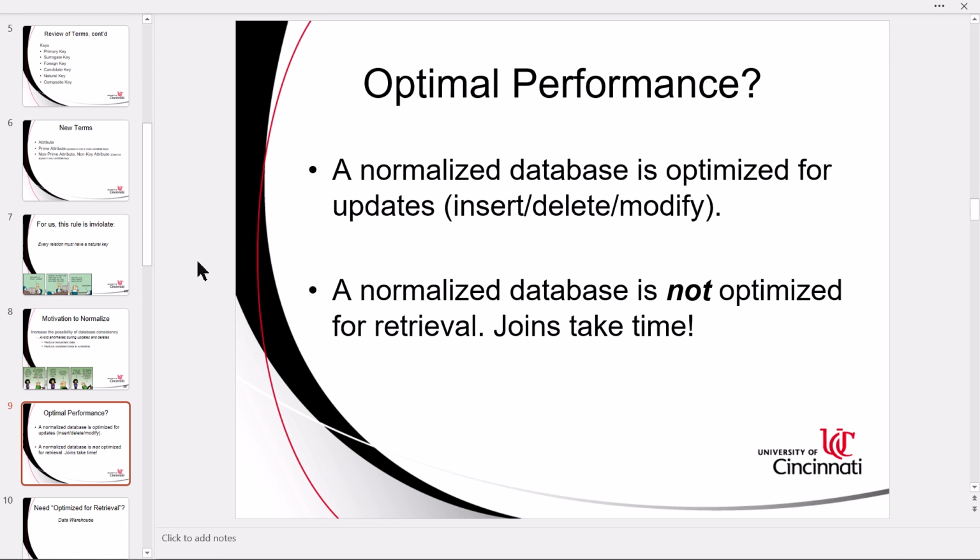In terms of performance, normalization is great for updating transactions: insert, delete, and modify rows in the tables. Normalization is a hindrance for retrieving data from tables because everything is spread out over multiple tables and that takes time to connect all those tables using join statements in your SQL.